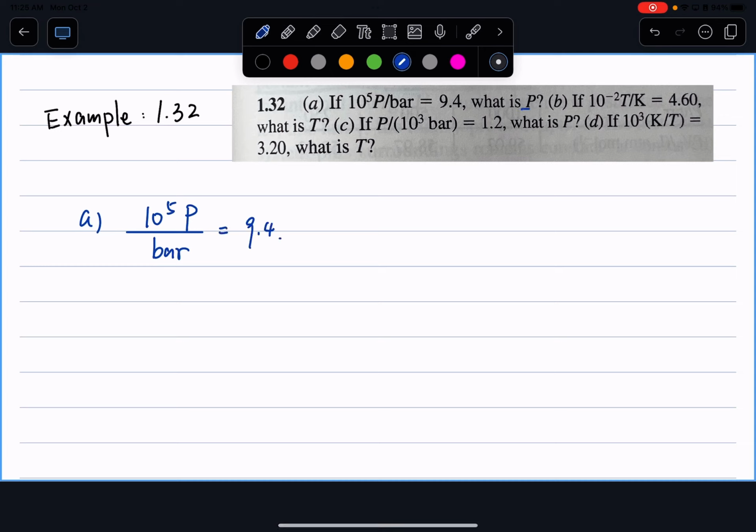And the question asks what is P. So what we're doing is just moving things around. So P equals 9.4 bar over 10 to the 5th, or 9.4 times 10 to the negative 5 bar.